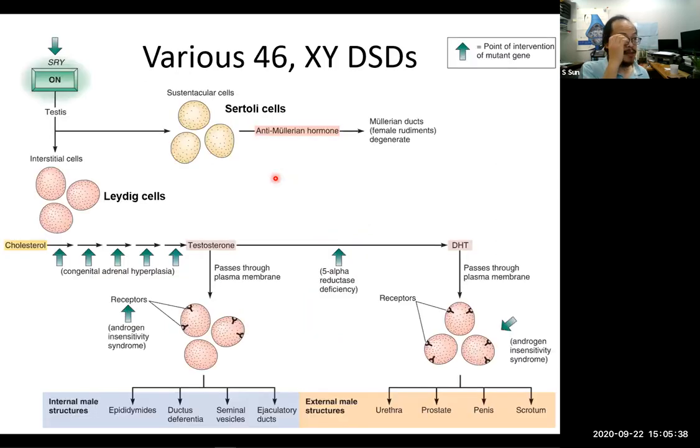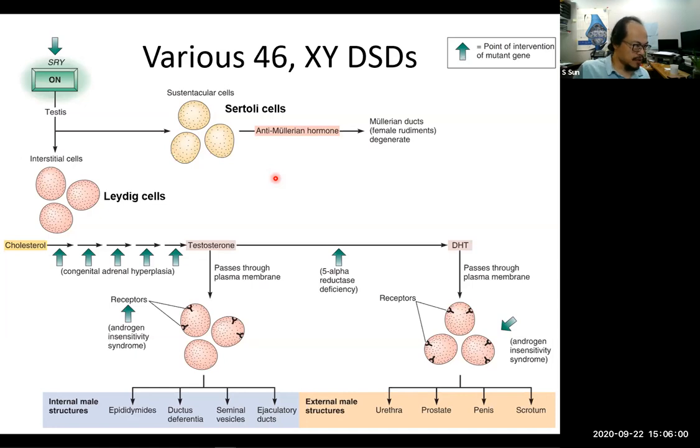So this is the various 46. So it has the typical standard number of the chromosome. It has the XY, so it should be a male, but it developed into the sex development disorders.